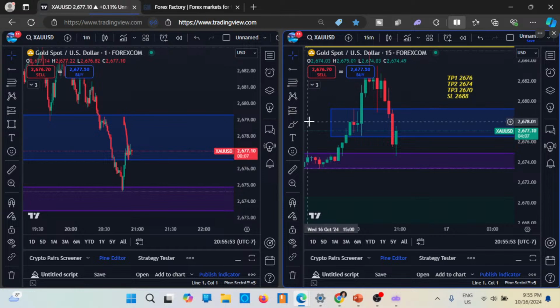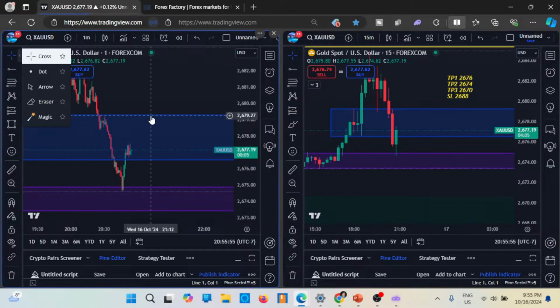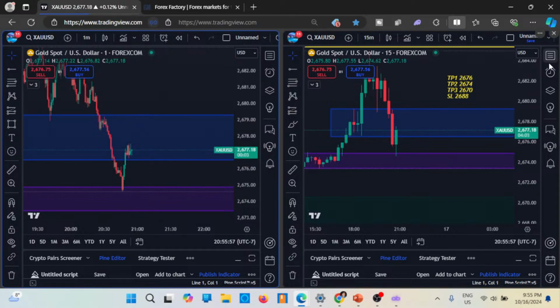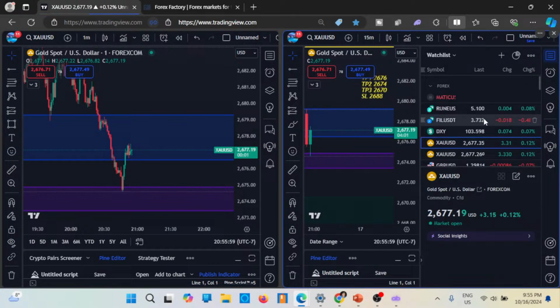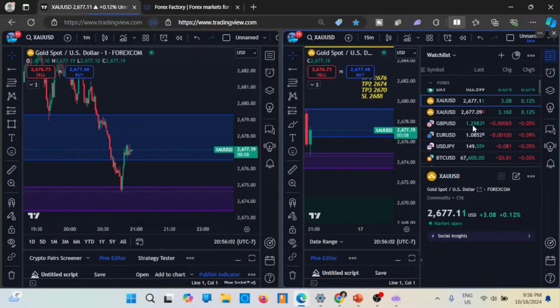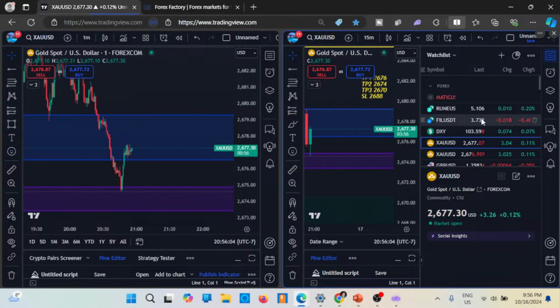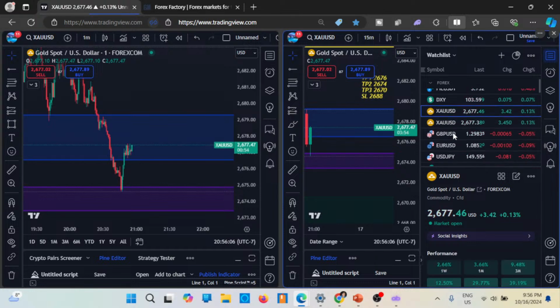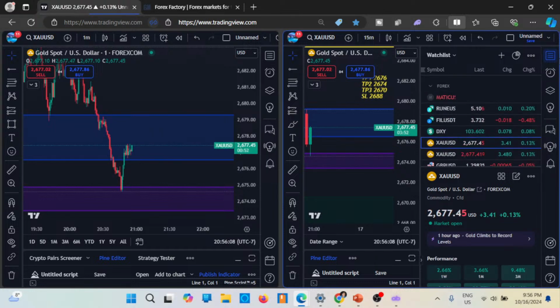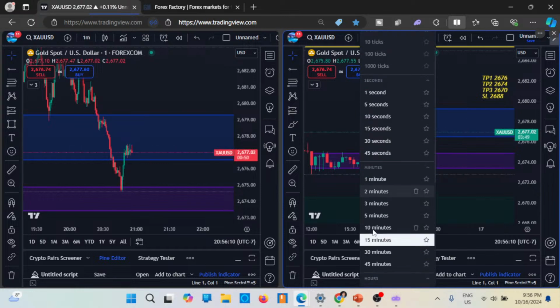Okay, so we're done with gold. I was analyzing CADJPY. Yeah, I scalp on the 1 minute time frame. But what I do is I go to the 1 hour time frame.